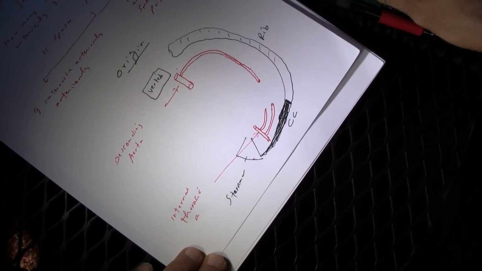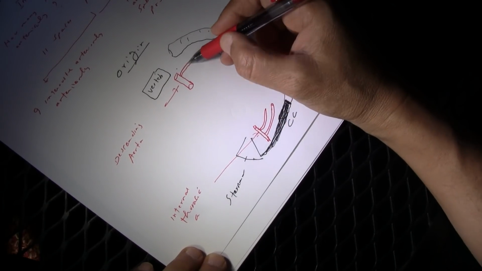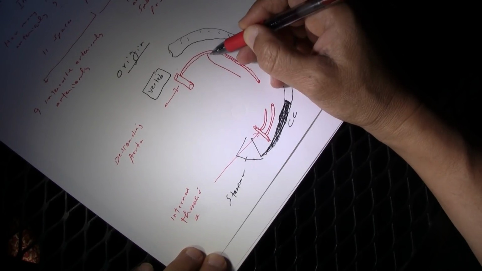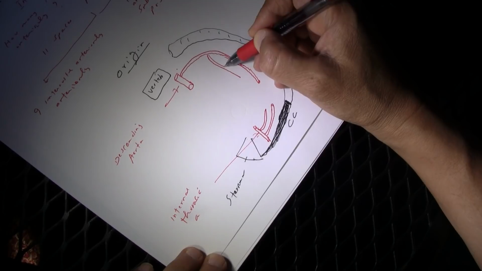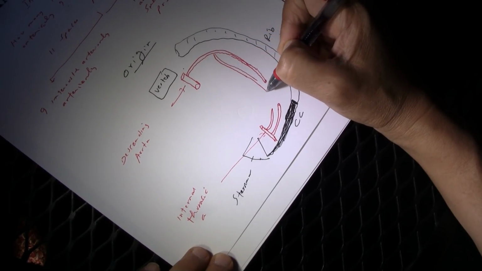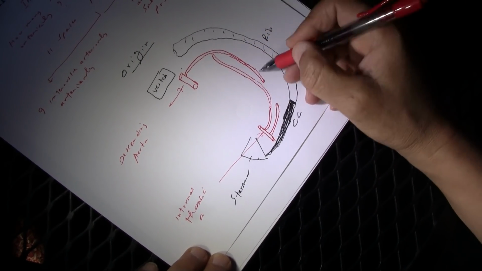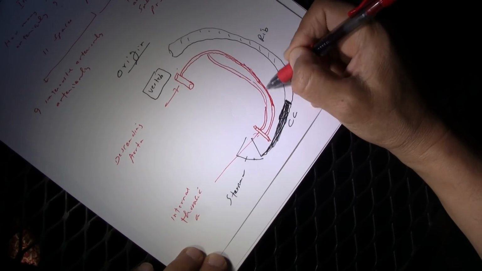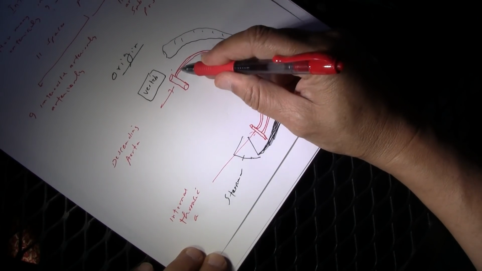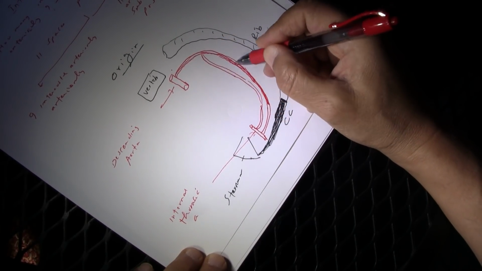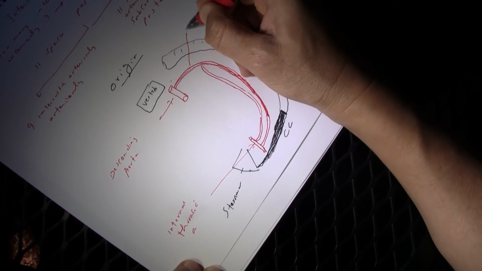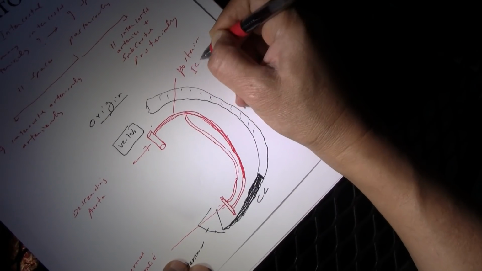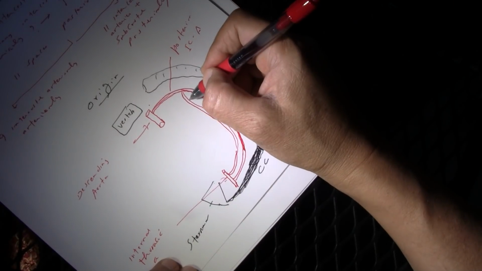Okay, posterior intercostal artery is only one, but it sends a collateral branch. So you will see that the main artery anastomoses with one, and the collateral anastomoses with the other one. This is the posterior intercostal artery, and this is its collateral branch.